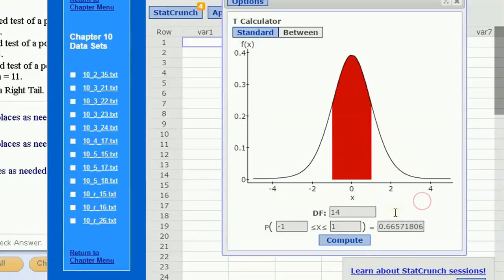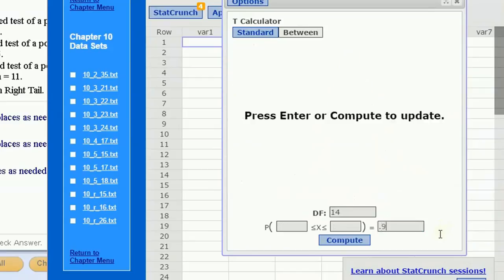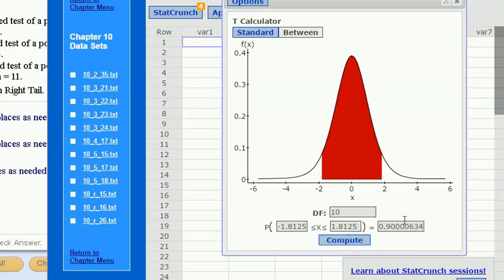The only way to get that with the t calculator is to use the complementary probability. That means I want 0.90 in between. And my sample size of 11 tells me the degrees of freedom is going to be 10. You click compute and you're going to get your cutoffs. This is great.